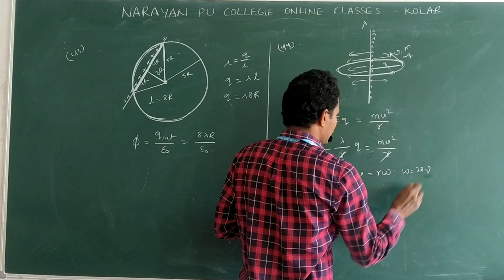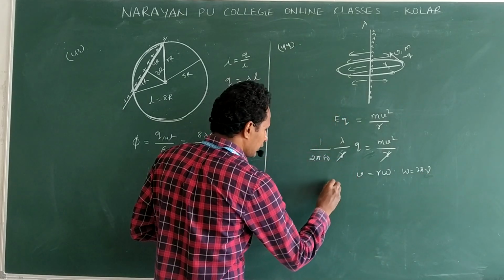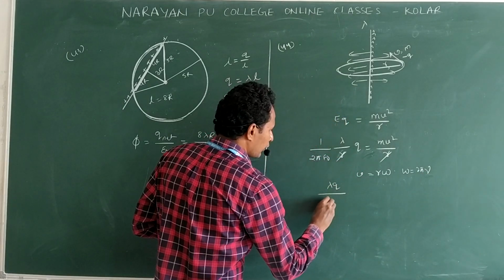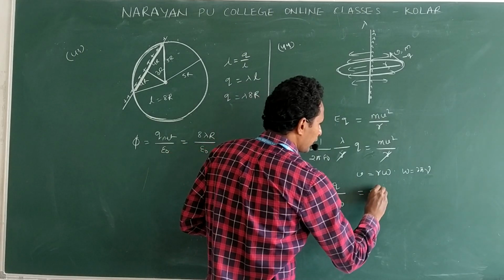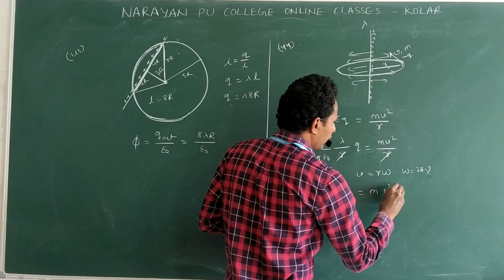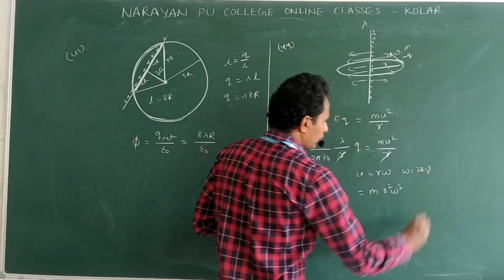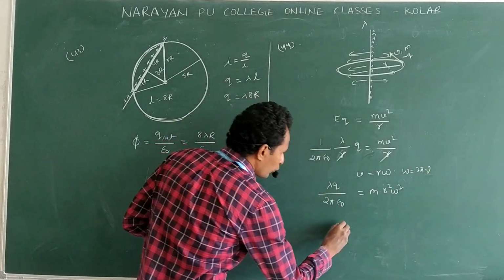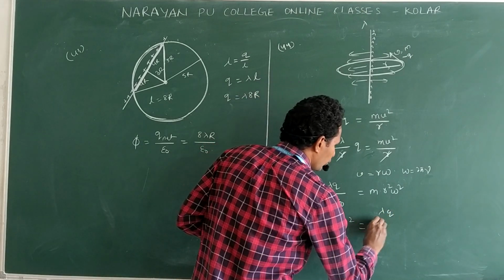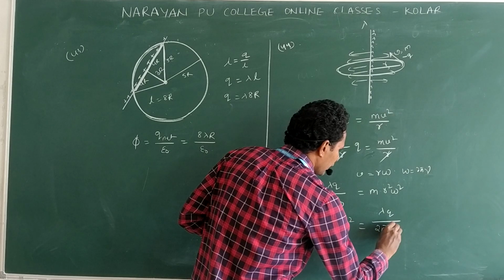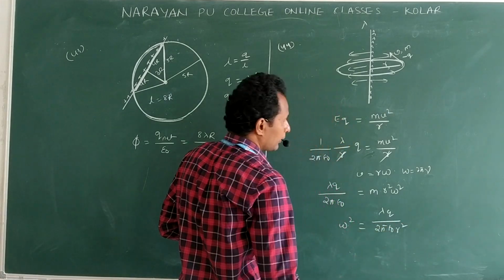So we got frequency. Now we can write lambda q by 2 pi epsilon naught is equal to m r square omega square. Make omega square the subject, what do you get? Lambda cube by 2 pi epsilon naught r square.